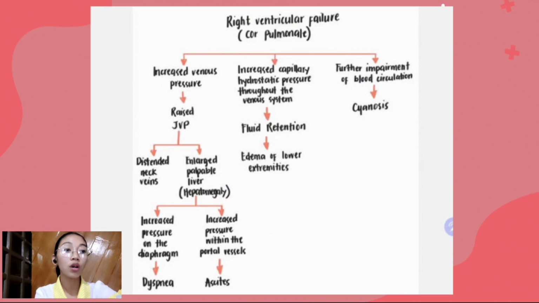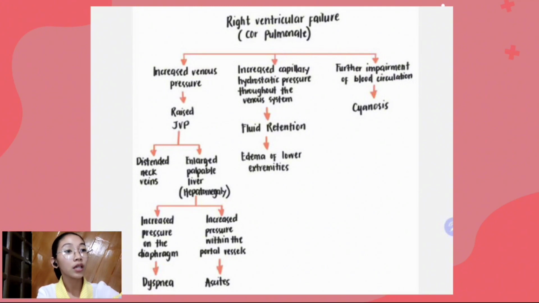Dyspnea is the most common symptom and can also be due to cardiovascular limitations, which decrease oxygen delivery. It also increases pressure within portal vessels, causing ascites, where fluid collects in the space within the abdomen. Cor pulmonale also leads to increased capillary hydrostatic pressure throughout the venous system, causing systemic fluid retention or fluid buildup.